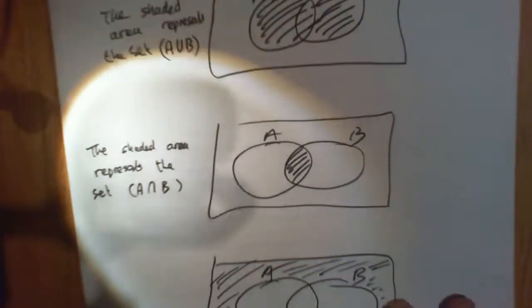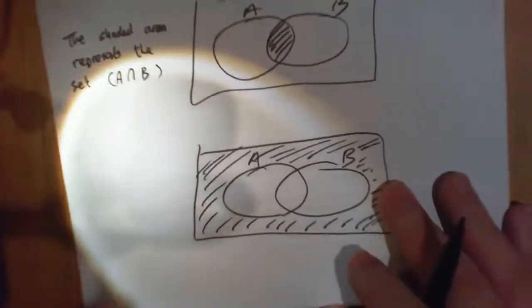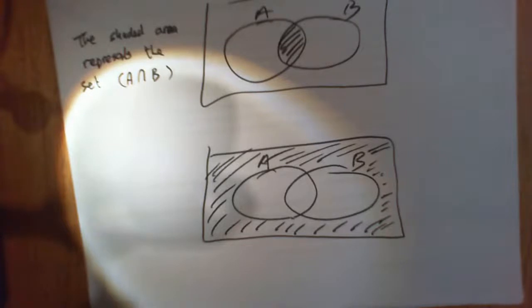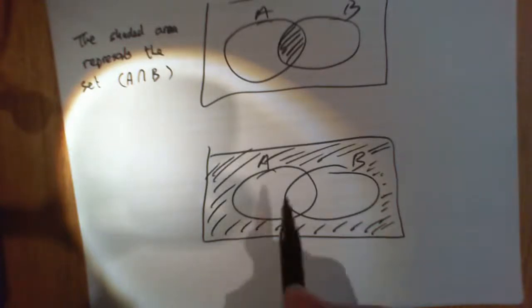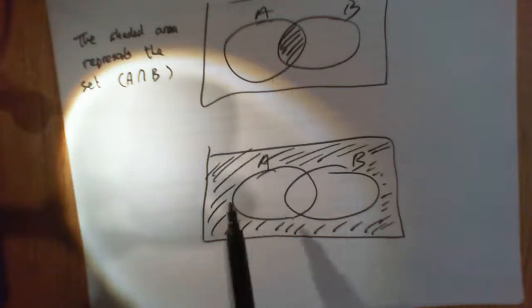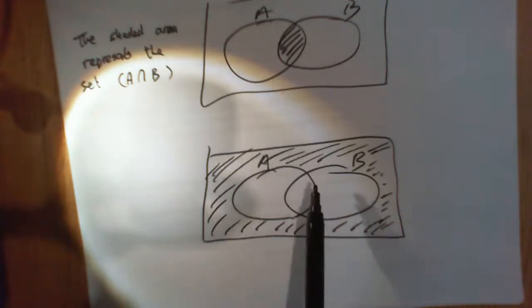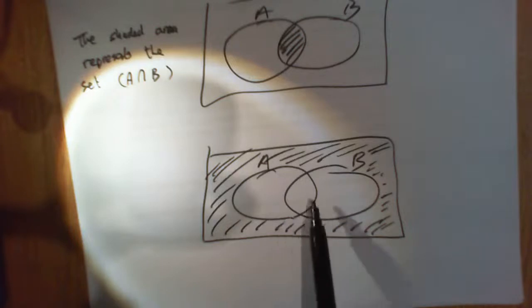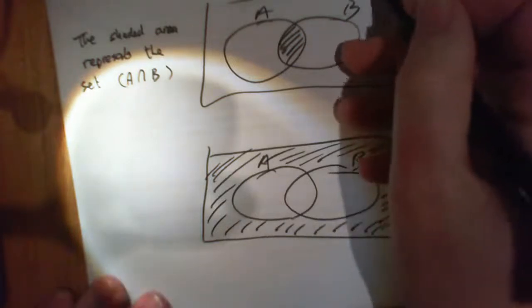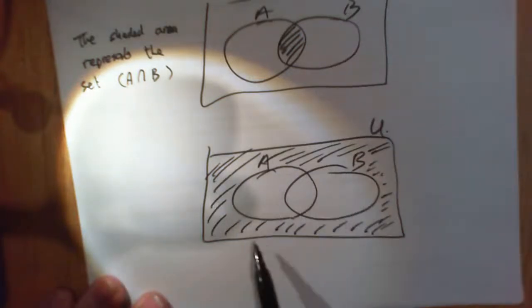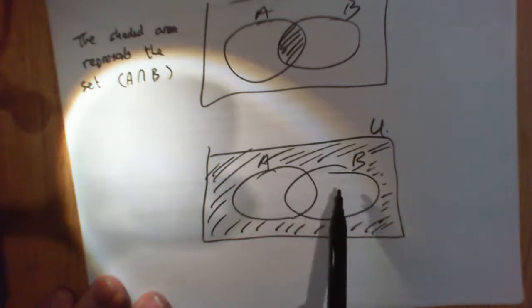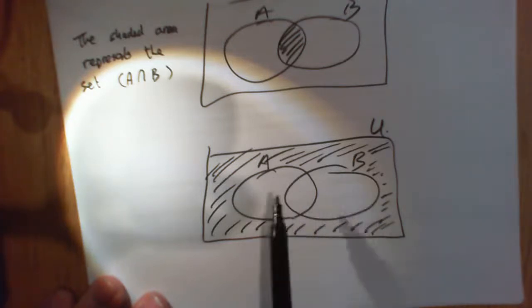Right, we'll try another one. What about this one here? So this is the universal set again, but it's everything that's not in A or B. Okay, not.